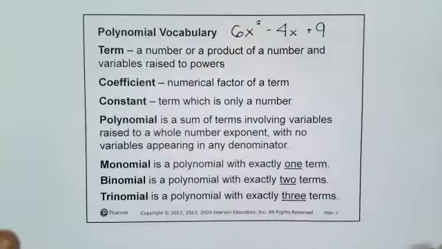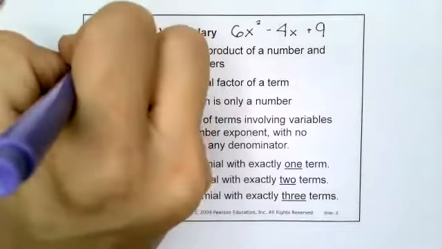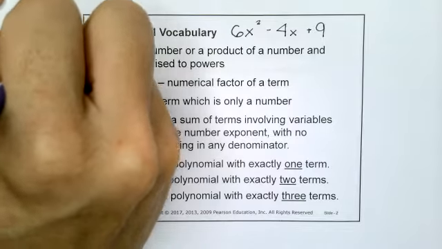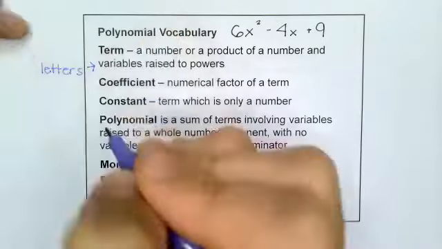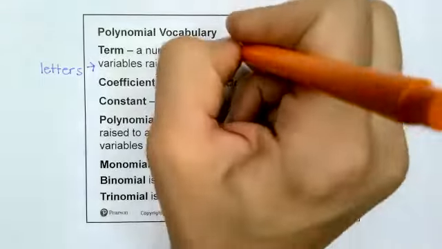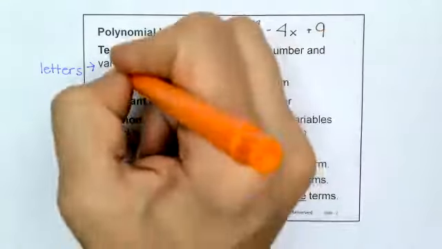All right, let's talk about what a term is. A term is a number or a product of a number and variables raised to powers. Remember that variables are just letters. We use letters when we don't know what the number is, right? So a term could be a number, or a product, remember, means multiply, a product of a number and variables.